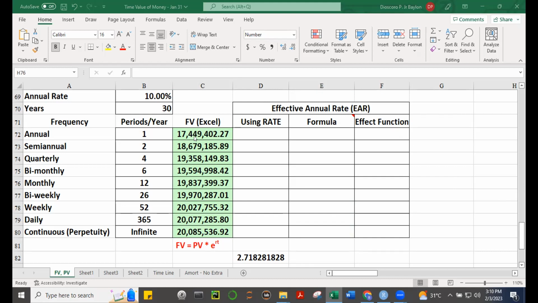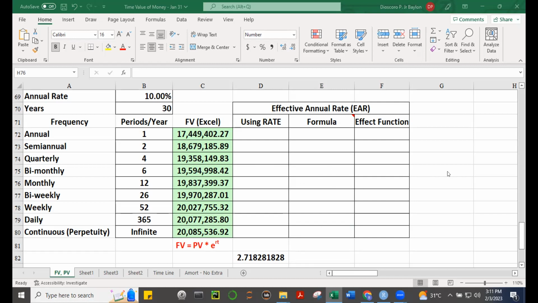All right. Now you can see here that the annual compounding will of course have a lower future value compared to those that have more than one compounding per year. Because as I said a while ago, this happens because interest is computed more than once per year. So if you compute interest and that interest will earn interest, there will be interest on interest, then definitely you'll have a bigger sum, you'll have a bigger future value.